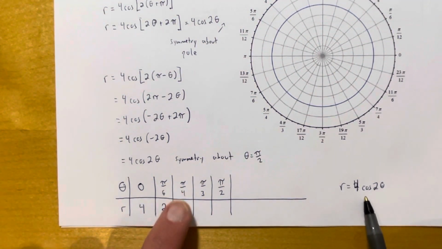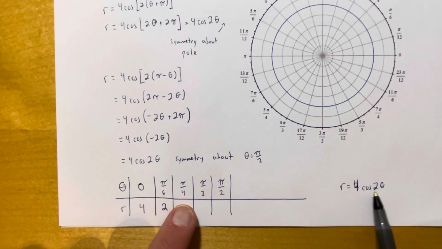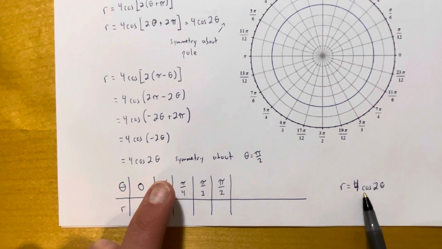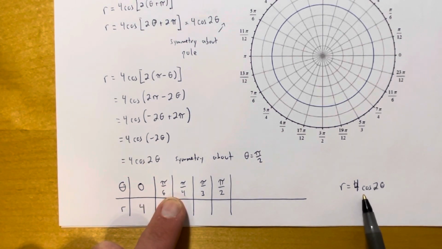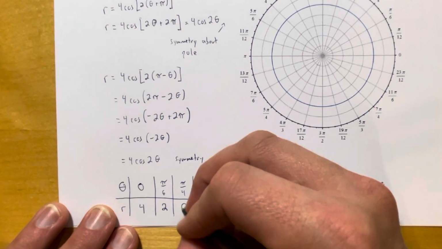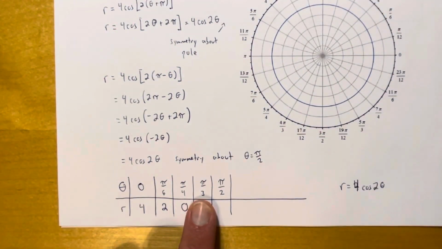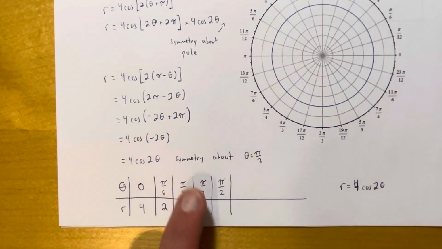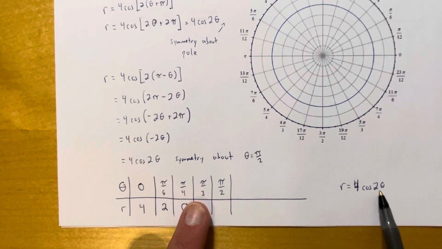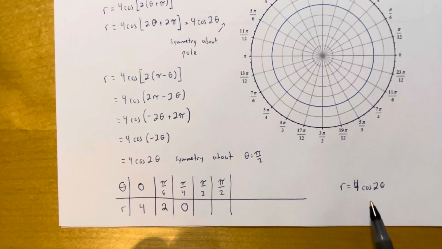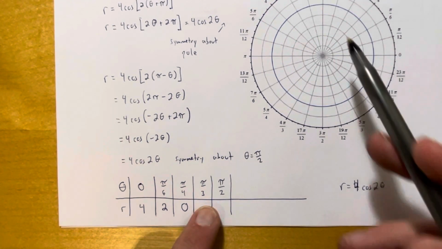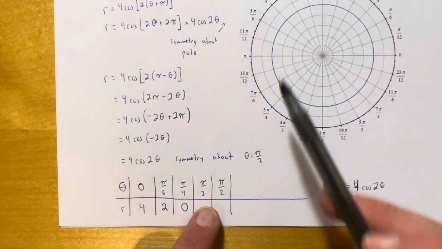If I plug a pi over 4 in, that gives me cosine of 2 times that. If I double pi over 4, I'm going to get pi over 2. Cosine of pi over 2 is 0, so this becomes 0. Now, next up, pi over 3. So I double it first, and I get cosine of 2 pi over 3. That puts me in the second quadrant over there.